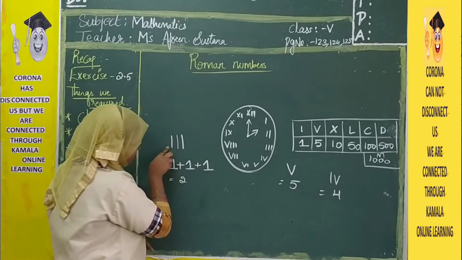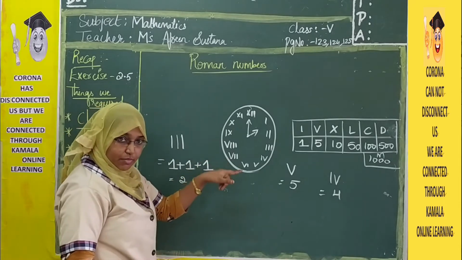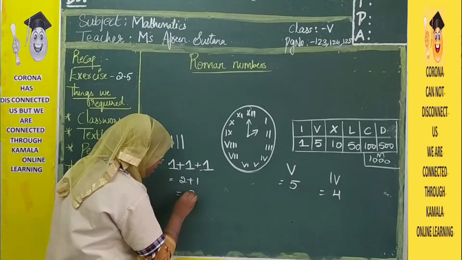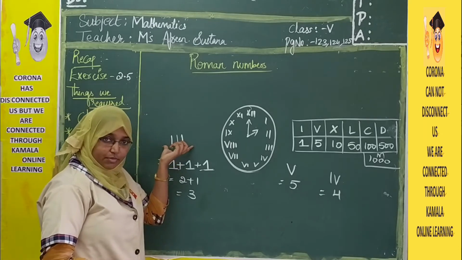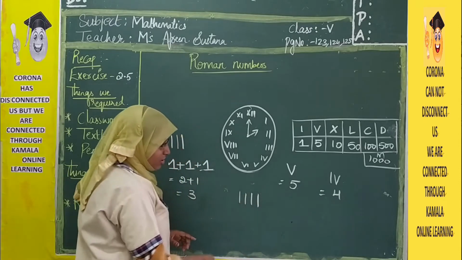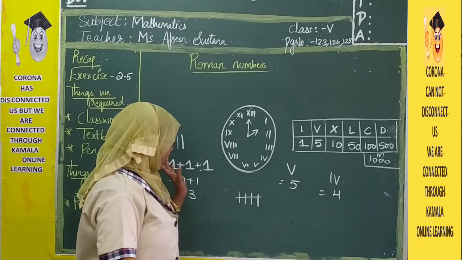This is 1, this is also 1, this is also 1. So whenever you repeat the symbol, the value is added. Now 2 plus 1 will get 3. Remember, we should not repeat any symbol more than 3 times. We will not write 4 as this, this is wrong. We cannot write it.